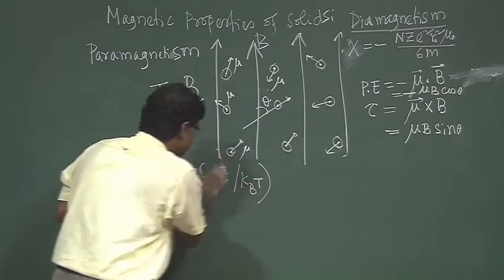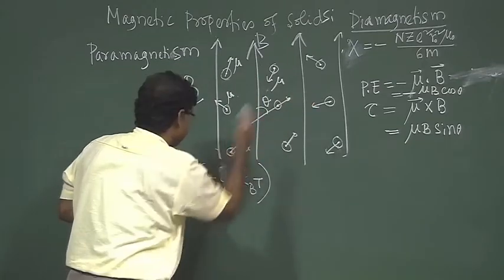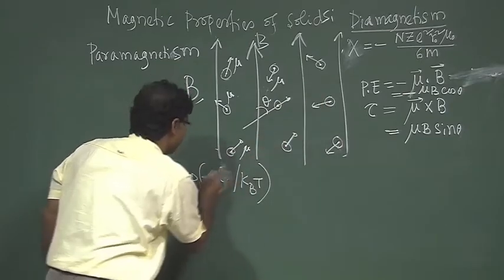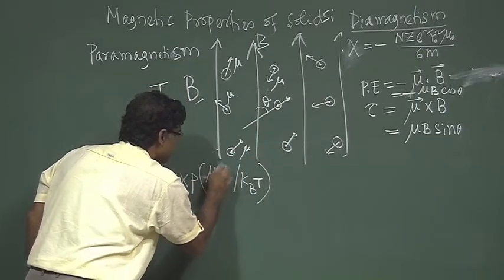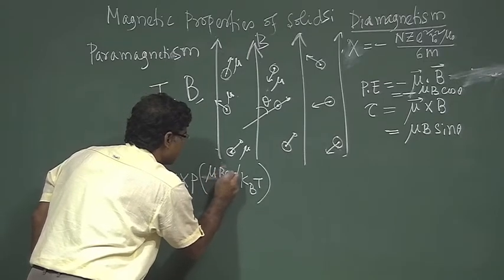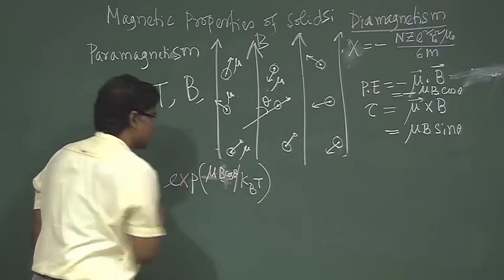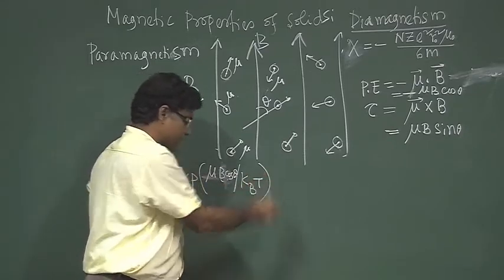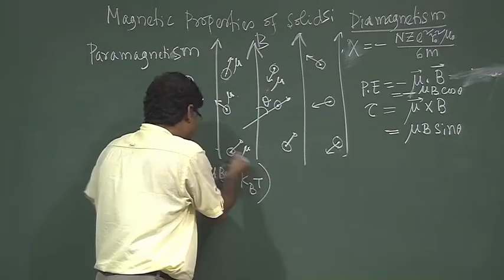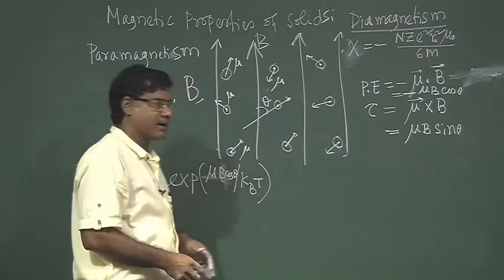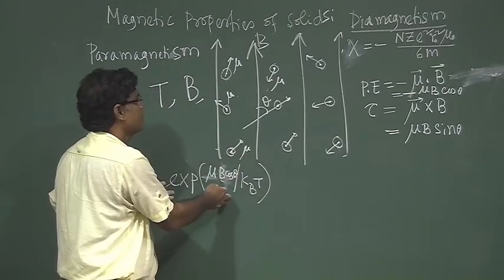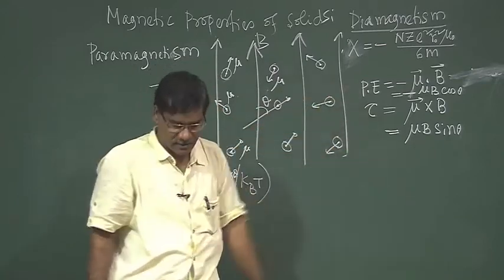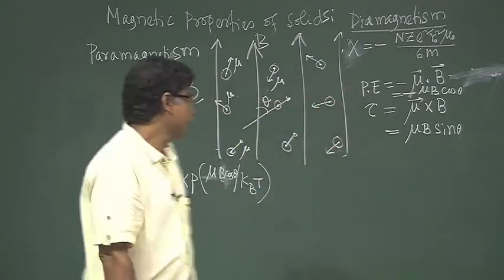So this E is basically minus, so it will be plus mu B cos theta, right. This is the factor due to thermal energy which will try to disorder the orientation, right.